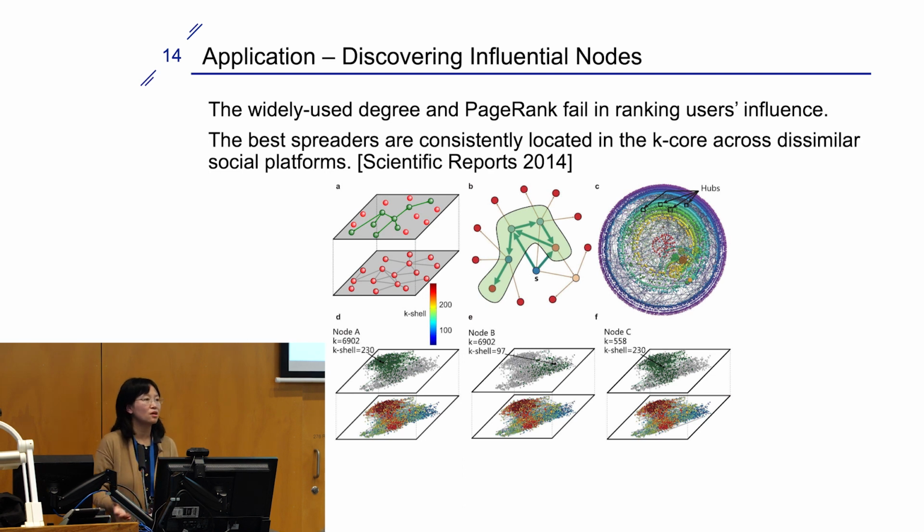This indicates strongly that cohesive subgraph-based metrics are a better indicator to identify super spreaders when we study the spread of disease and identify influential nodes in a network. So degree and PageRank are no longer the most accurate metrics in these applications.